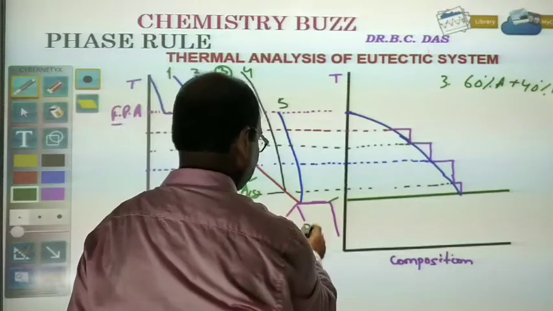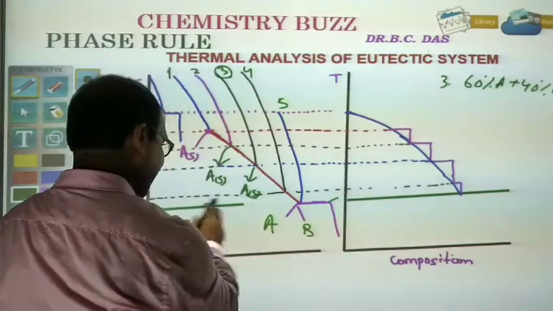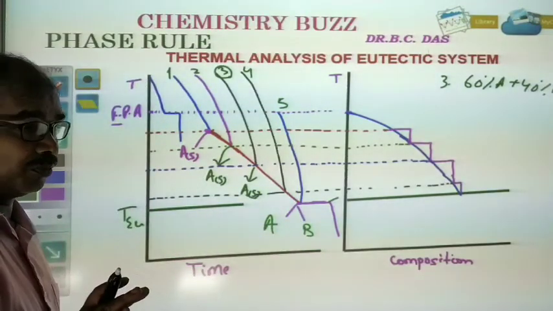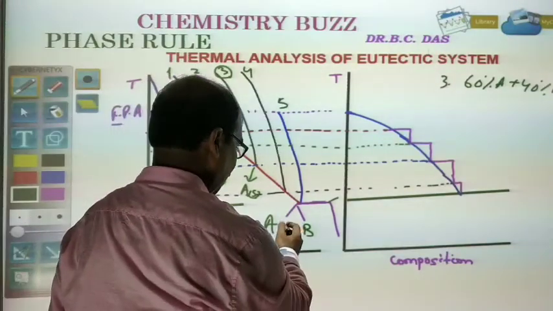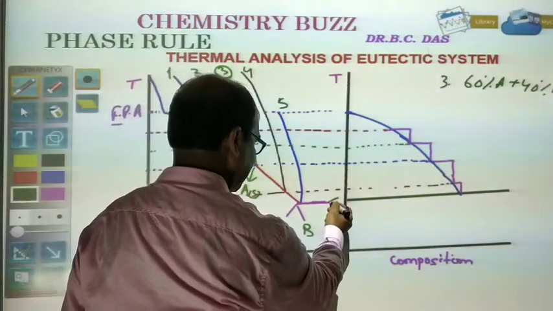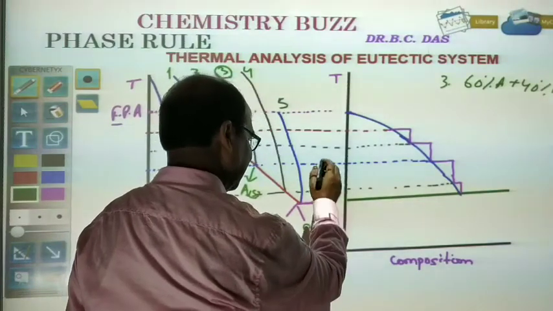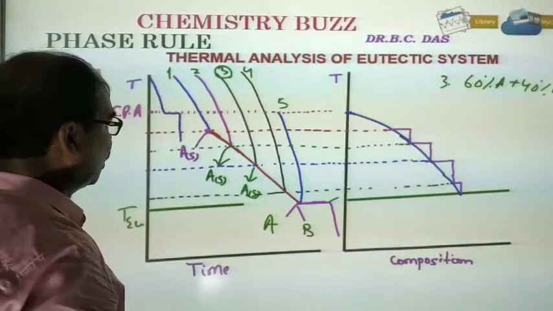At that point the temperature will be maintained. The temperature will not fall till completion of the solidification of A and B. So when the solidification of A and B completes, further lowering of temperature will occur.